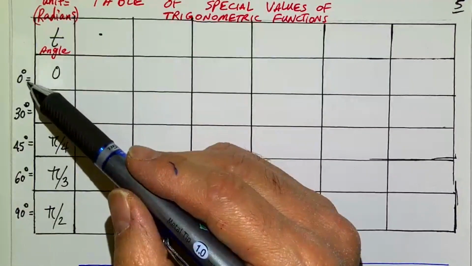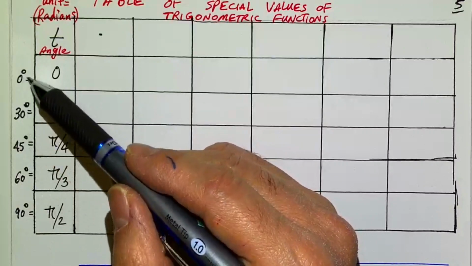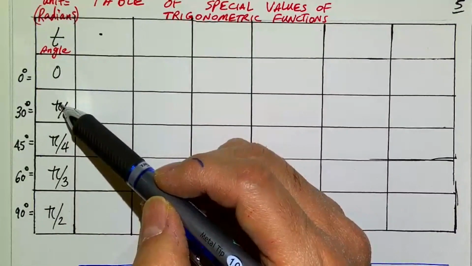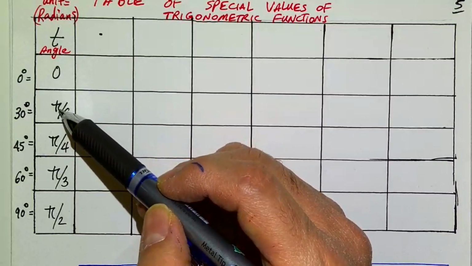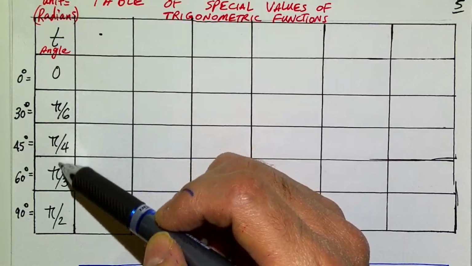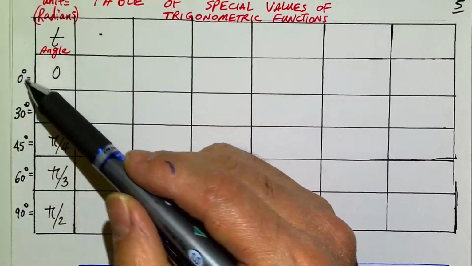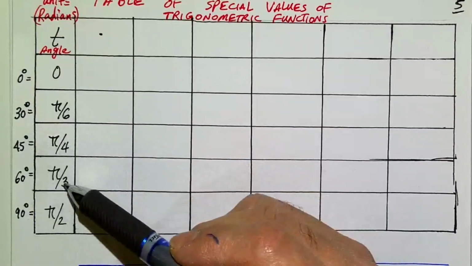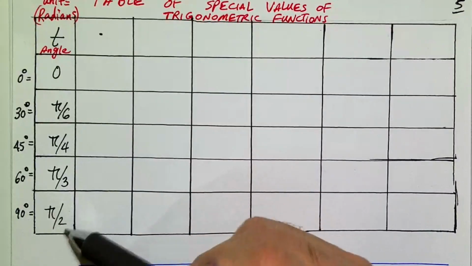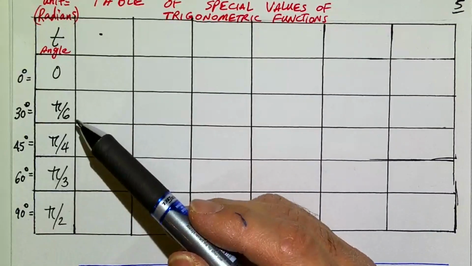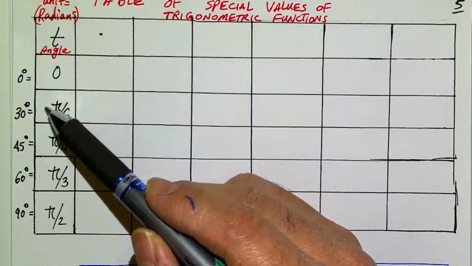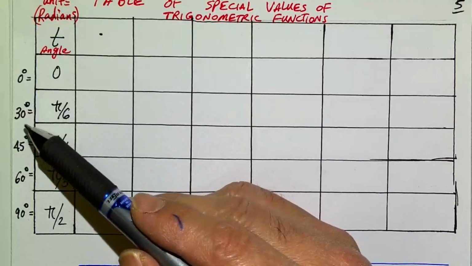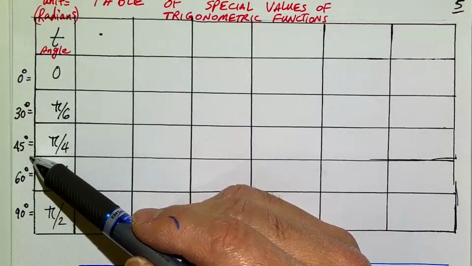So you need to quickly switch, even if you're comfortable with these, to their equivalent measures in radians, which are these ones. So 0 degrees, pi over 6 is 30 degrees, pi over 4 is 45 degrees, pi over 3 is 60 degrees, pi over 2 is 90 degrees, and so on. Make sure that you switch your mind to these measures, the radians. With degrees, you're going to have considerable difficulty.